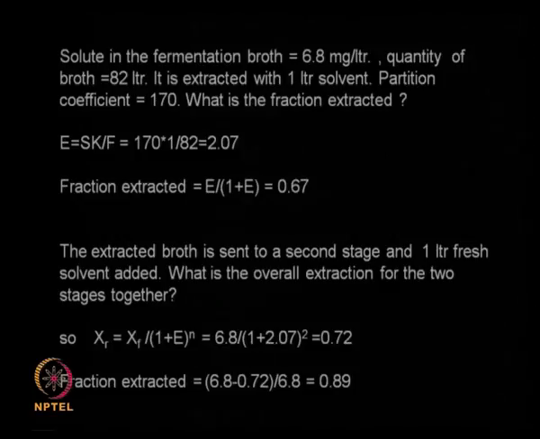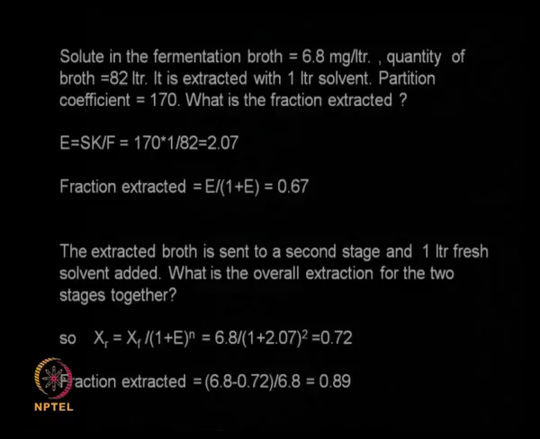If I have 3 stages, it may go up to 92%, if I have 4 stages it may go up to 95%, like that, because you have 1 plus E raised to the power n. It will not be a simple algebraic addition, but it will be in these slow steps. So one stage will have very high extraction, the second stage overall will come down, and so on.